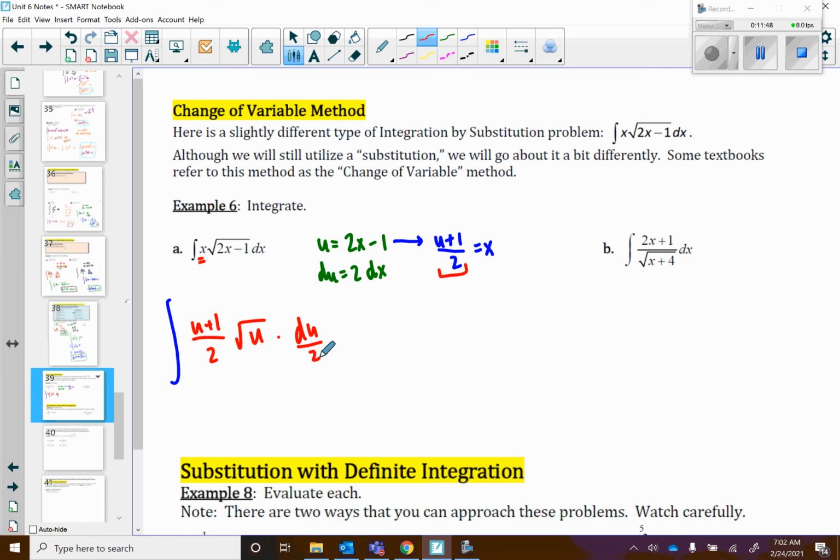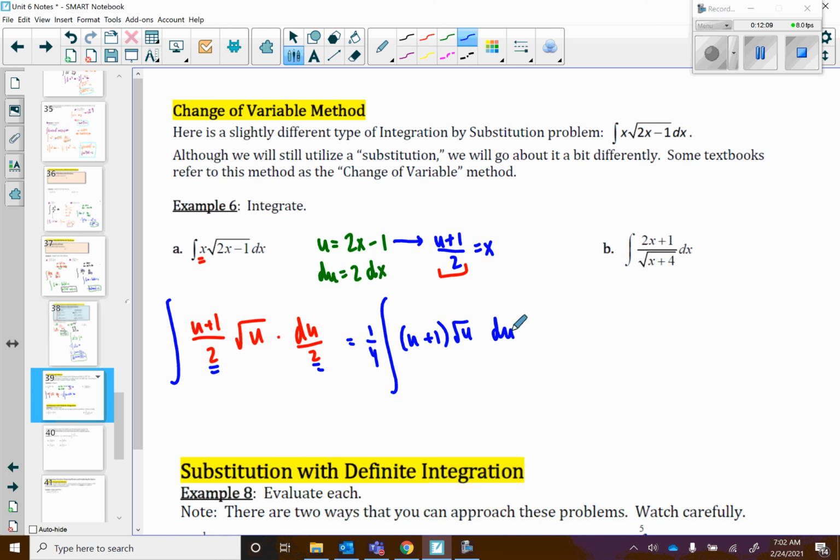Let's do a little bit before we actually take the antiderivative. Notice this denominator and this denominator. Those are coefficients. We can pull those out front. So we really have 1/4 times the antiderivative of u plus 1 times the square root of u du.